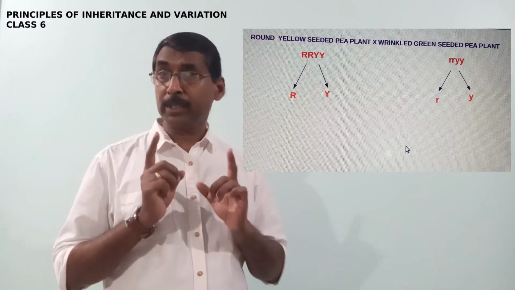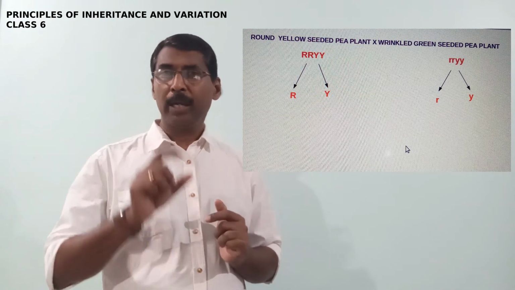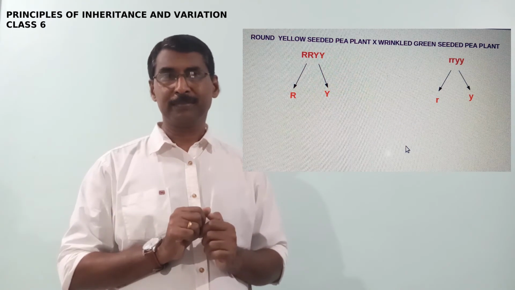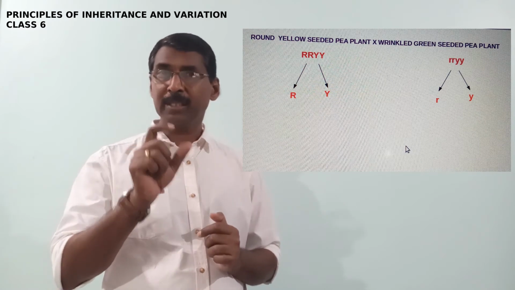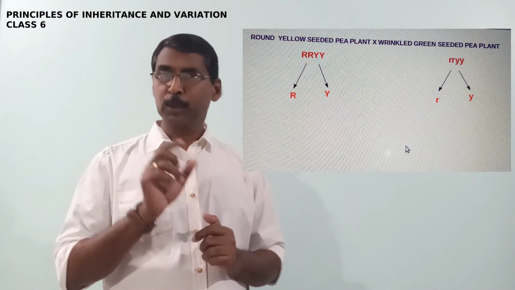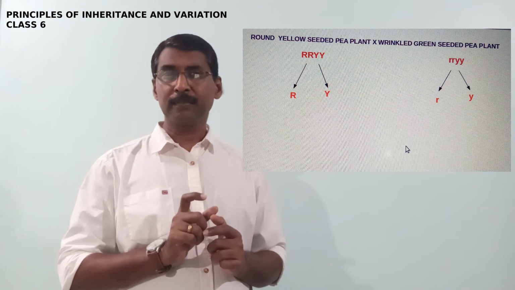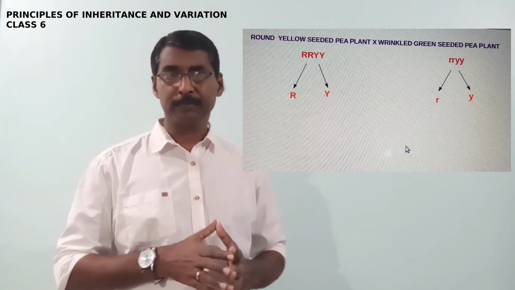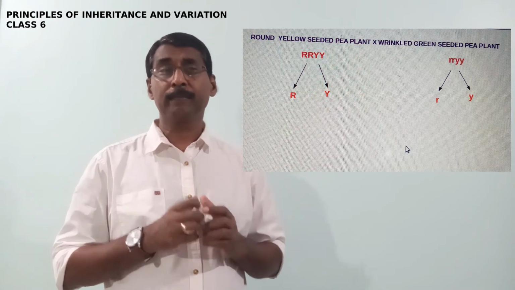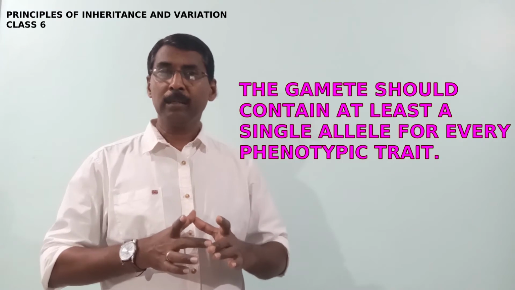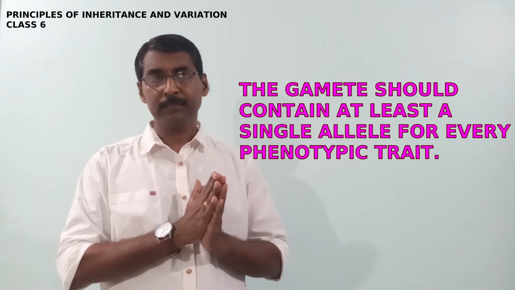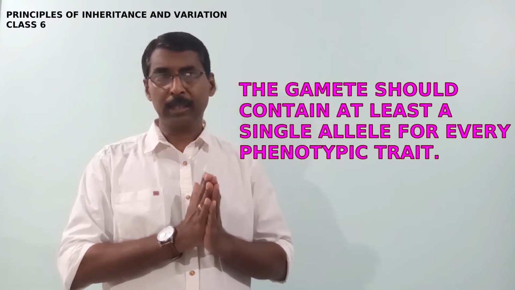But here you should understand that a gamete is the unit of an organism. A gamete is the unit of every sexually reproducing organism. Sperm is the unit of a male individual. Ovum is the unit of a female individual. As these gametes are units, they should contain alleles for every phenotypic expression. I hope you understand.